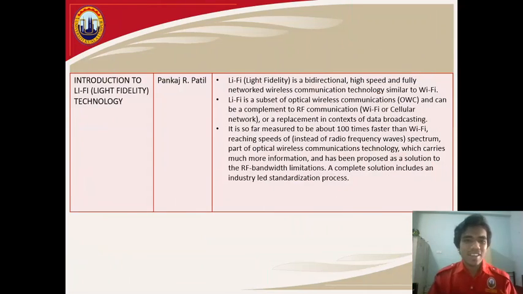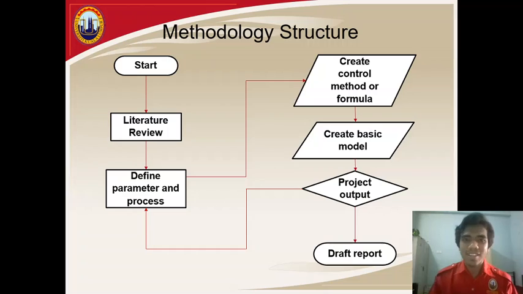Okay, now for my methodology structure. After confirming that I'm going to take this project title, I realized that I have to search a lot of articles and read a lot about the fundamentals of Wi-Fi itself.